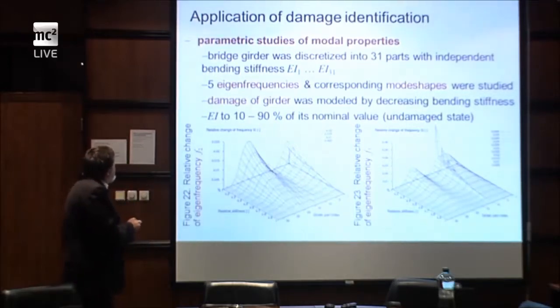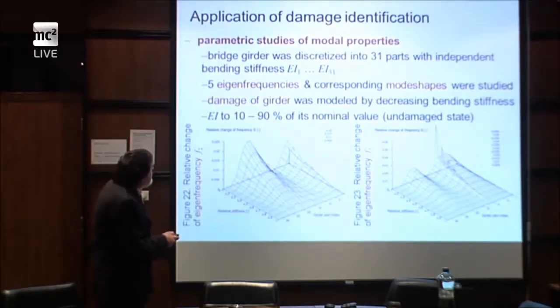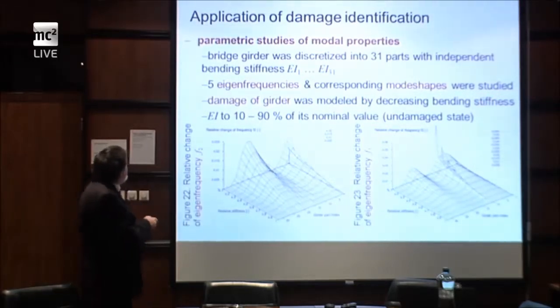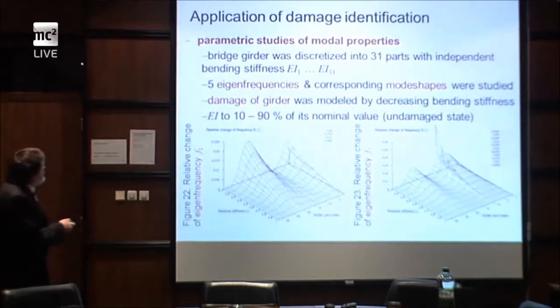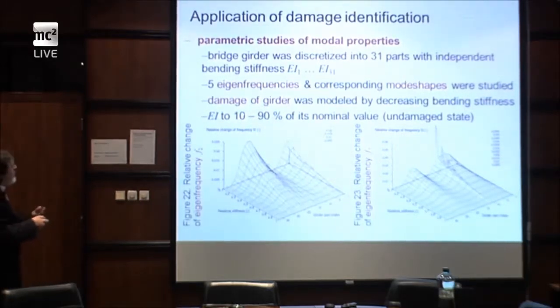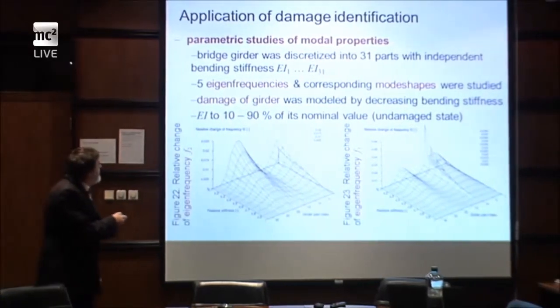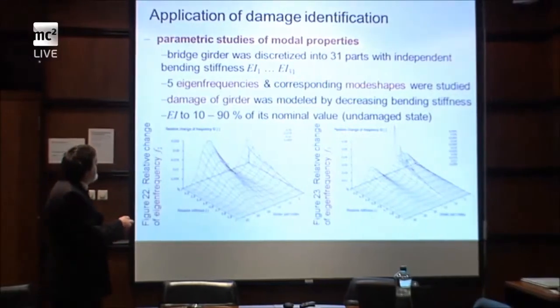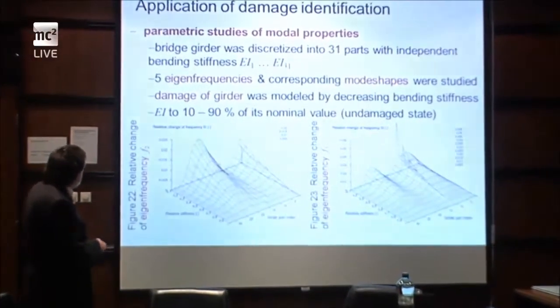Five eigenfrequencies and corresponding mode shapes were studied, and damage of the girder was modeled by decreasing the bending stiffnesses in some girder parts. So EI was virtually damaged to between 10 and 90% of its nominal value.